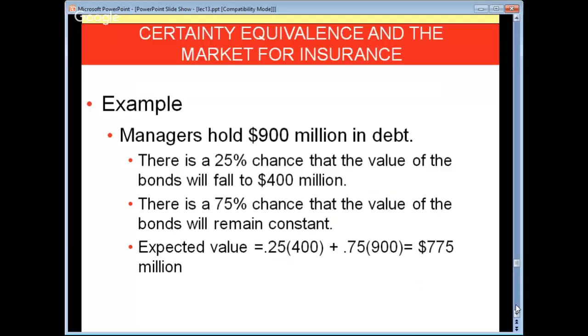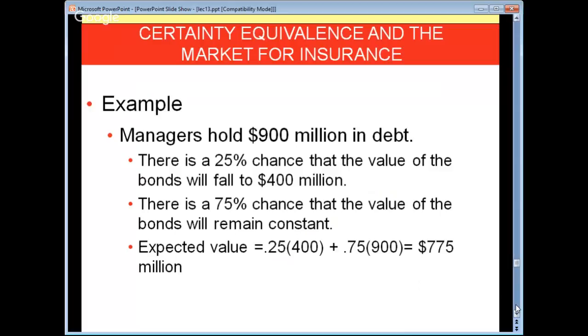Suppose I have a manager that has $900 million in Puerto Rican government bonds. I knew that. Okay. And there's a 25% chance that the value of those bonds will fall all the way to 400 million. And there's a 75% chance that the bonds will remain at their face value.